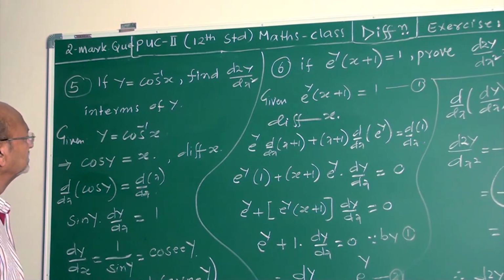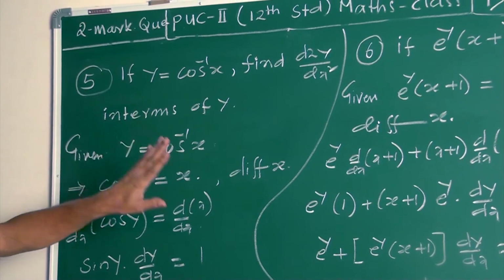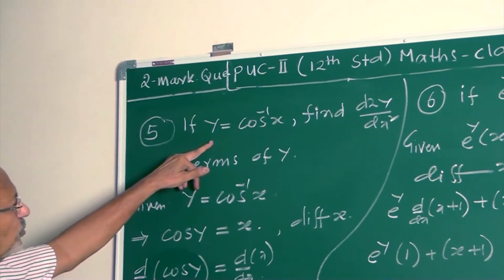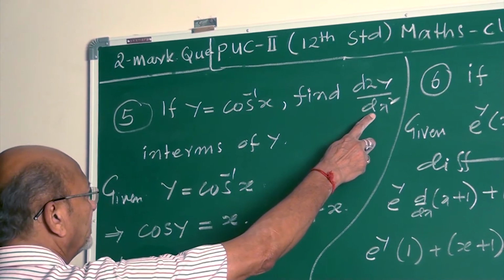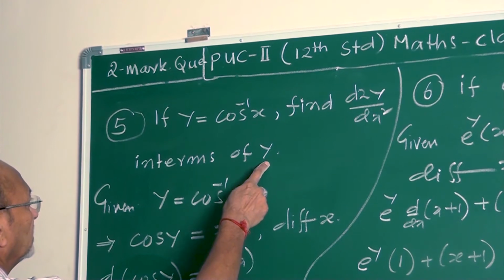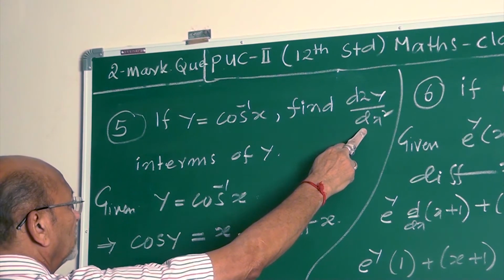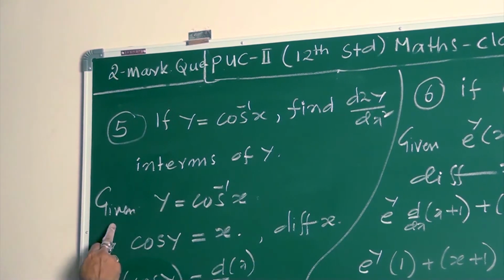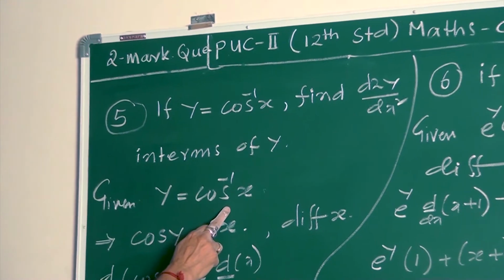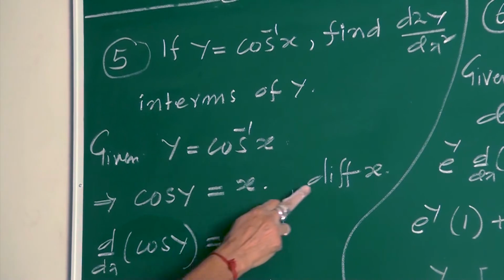Yes, my friends. The next example is also from exercise 5.7. If y equals cos inverse x, then find d2y by dx2 in terms of y. My friends, given y equals cos inverse x, bring cos inverse to this side: cos y equals x.